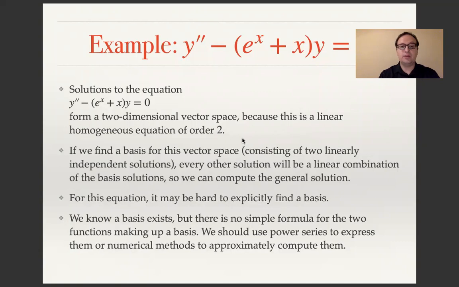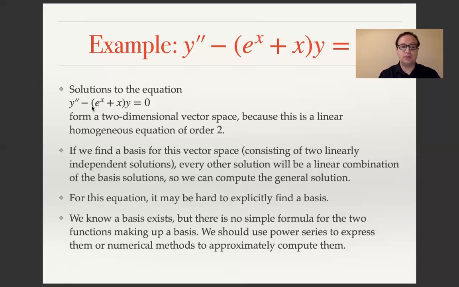However, for this equation, it may be hard to find a basis. Actually, it may be hard to find any non-zero solution by an explicit formula. Probably the best we can do is to find a solution by means of a power series or numerically.